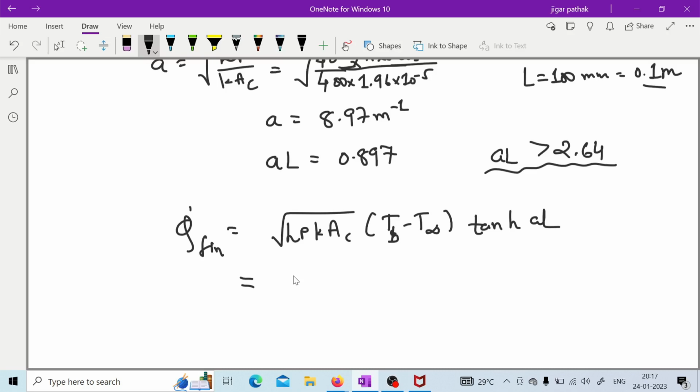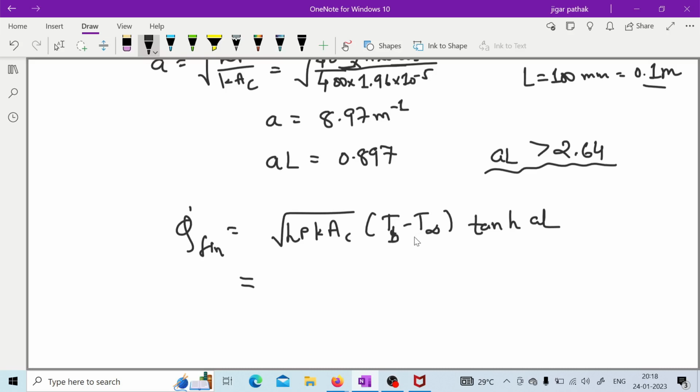You have everything, right? h is equal to 40, perimeter is pi d, k is given as 400, area you have calculated, 1.95 into 10 raised to minus 5.